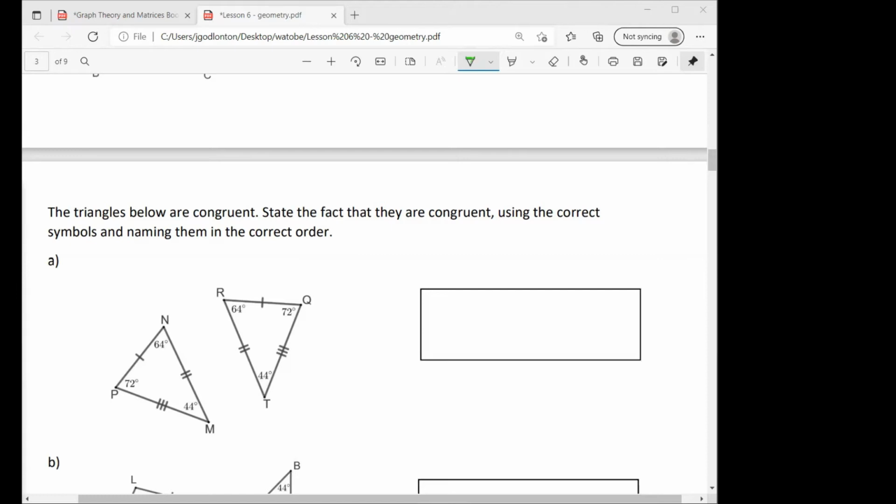And you can choose how you want to start your first triangle. So you don't have to do it alphabetically. You could say MPN, you could say NMP. Doesn't matter. Whichever way you want to write it is fine with me.